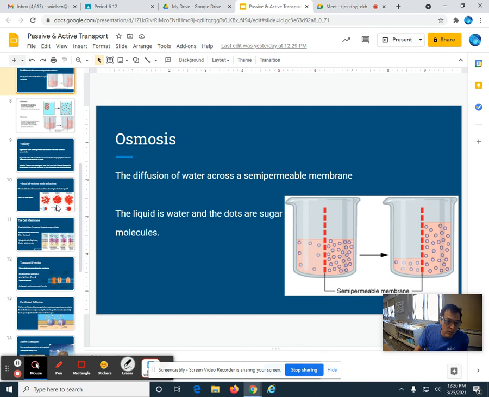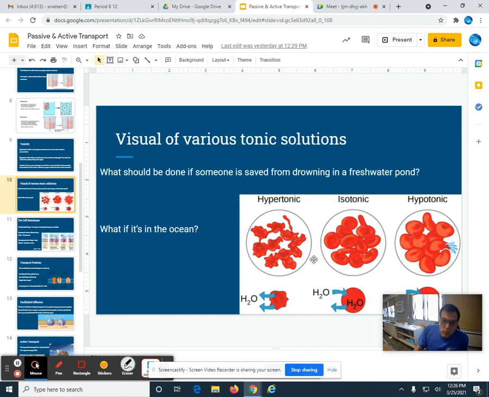So what are the real world implications? The real world implications is that if you have a lot of solute outside a cell, and this is examples of blood cells, if you have a lot of solutes, a lot of salt, a lot of sugar in solution outside the cells, and it's a semi-permeable membrane where the salt or sugar can't rush into the cell, it means that you're going to have a higher concentration of water inside the cells, and the water is going to rush out in a hypertonic solution, and the cell will shrink.